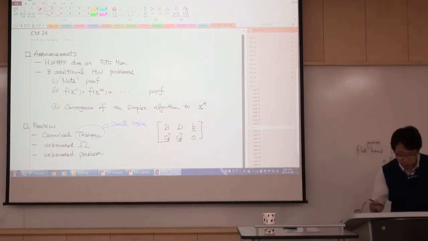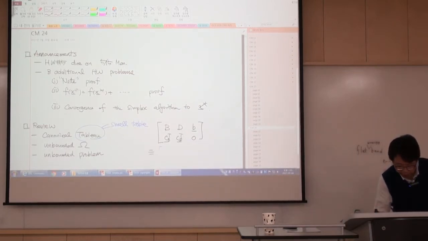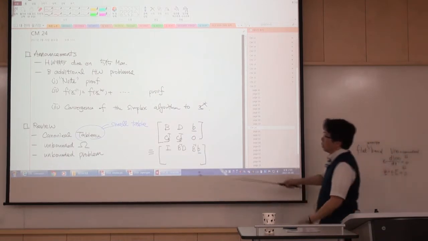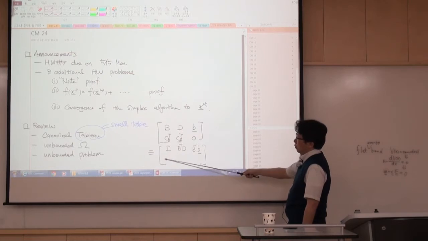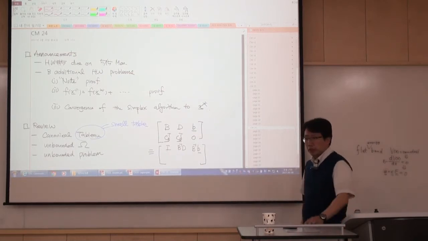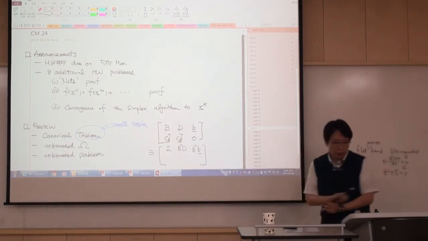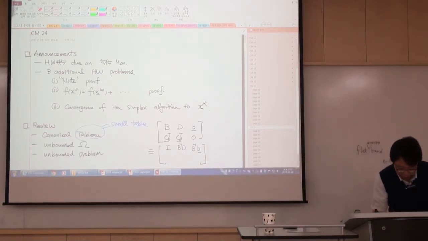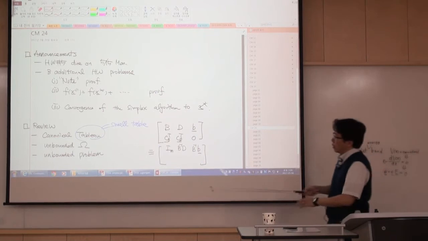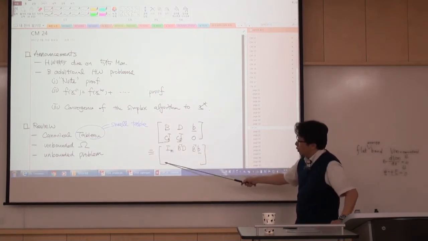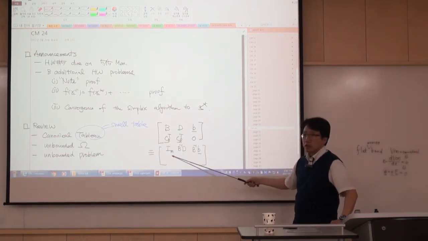Then this becomes the identity, B inverse D, B inverse b, and if you continue performing elementary row operations, since this I sub m, precisely speaking, is an identity matrix, you can make these entries 0.